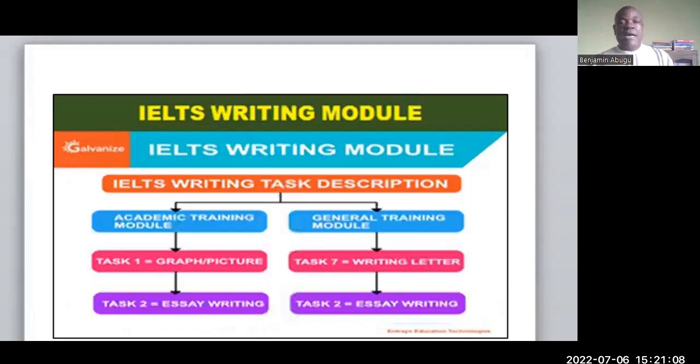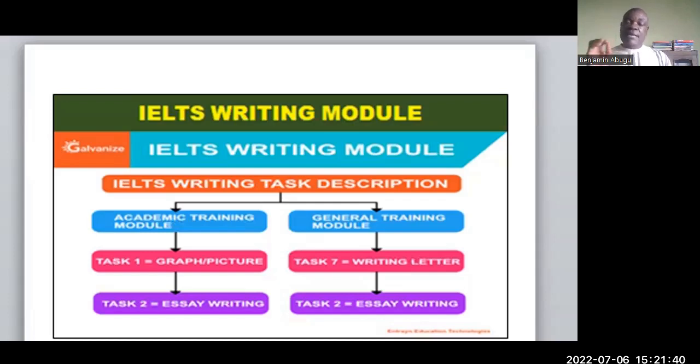Okay? Now, in the IELTS writing module, you also know that writing is different for general tests and different for academic tests. However, there are a number of similarities. General IELTS test is for those who are looking for a job, while the academic is for those who want to gain admission into institutions.